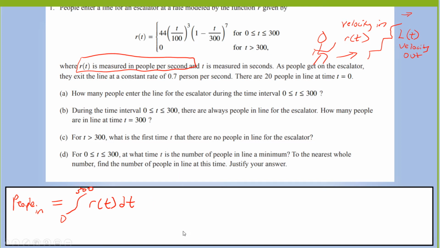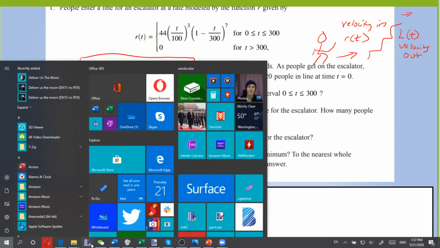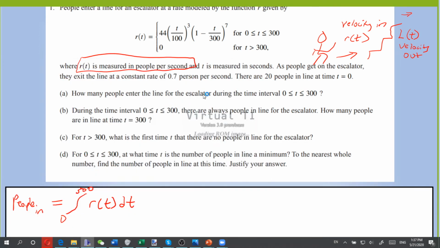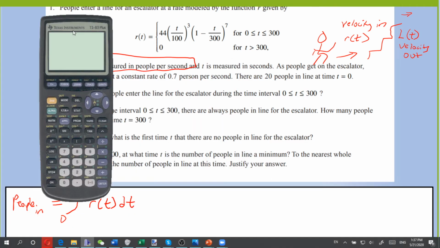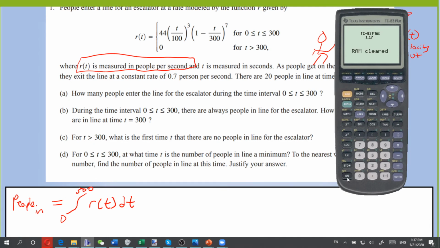Okay, now this is a with calculator question that I pulled from an AP exam. So I'm going to do this in a calculator. The first thing I'm going to do, since I'm going to have to reuse this rate it looks like for several of these problems, is I'm going to hit y equals and then type in our rates.